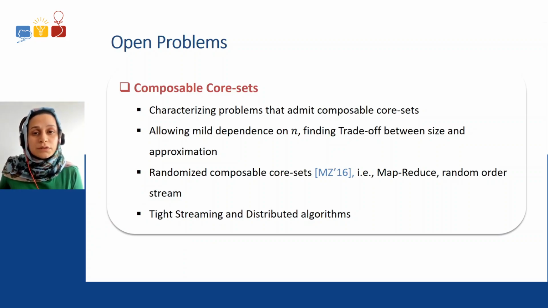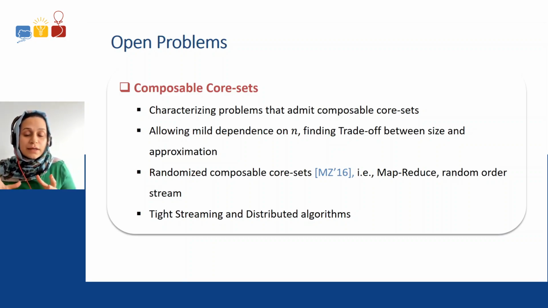At the same time, if we allow, for example, randomization, then can we get better coresets? Or if we allow the size of the coreset to grow a little bit, then can we get a much better approximation factor? Ideally, find the optimal trade-off between the size of the coreset and the approximation factor.